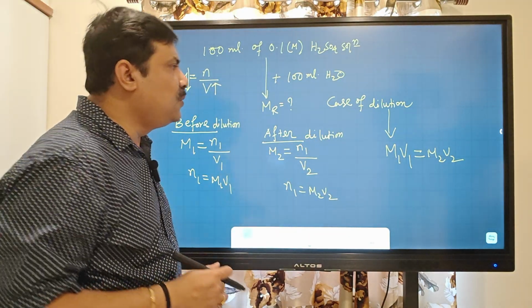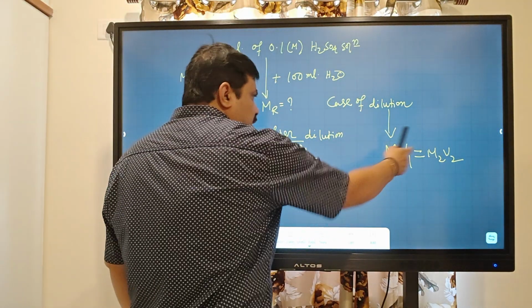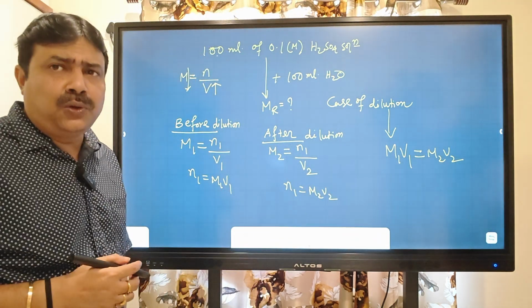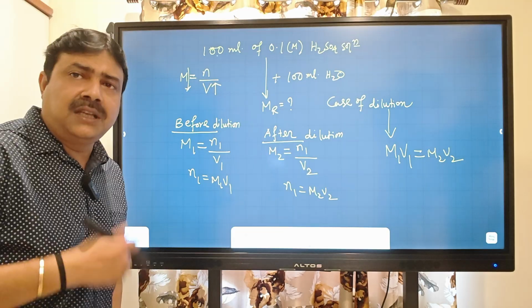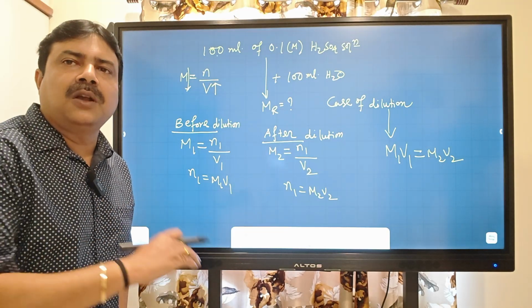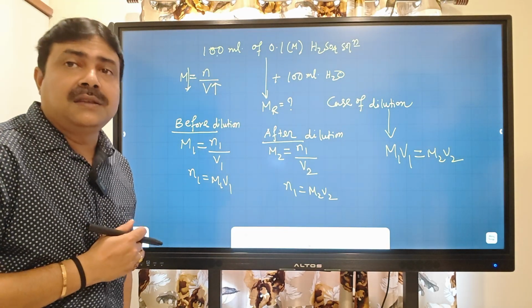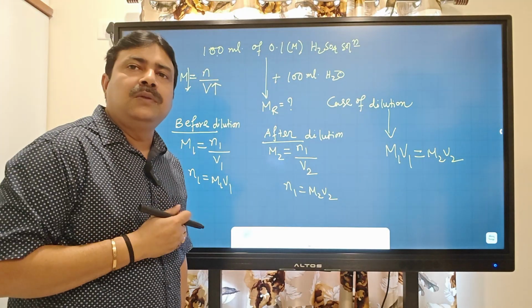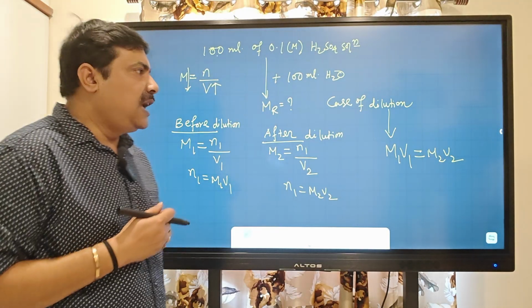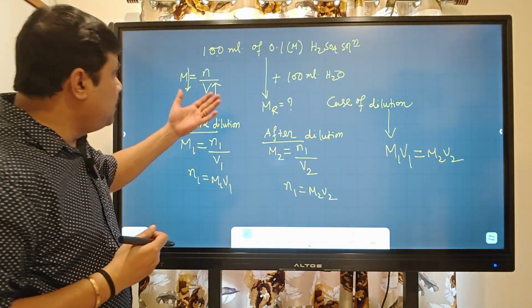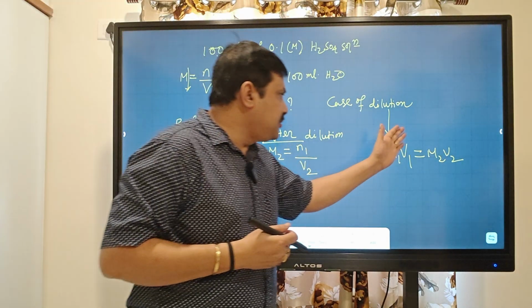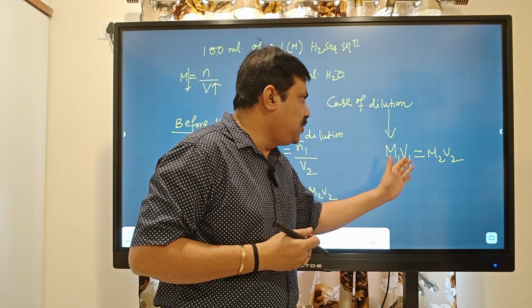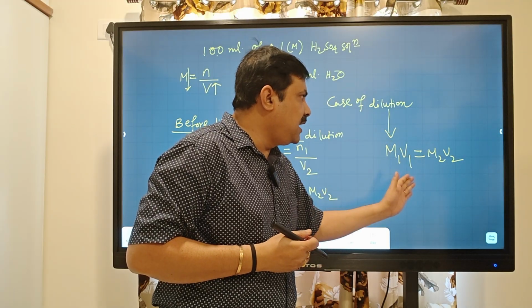So why do we equate M1 V1 equals M2 V2? Because both represent the number of moles of solute before and after dilution, and since that is not changing, we equate them. Some students think, sir, in ml, do I need to convert here? Converting ml to liter means dividing the ml value by 1000.